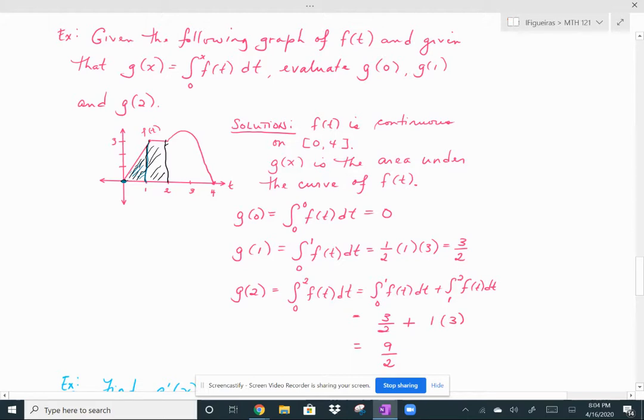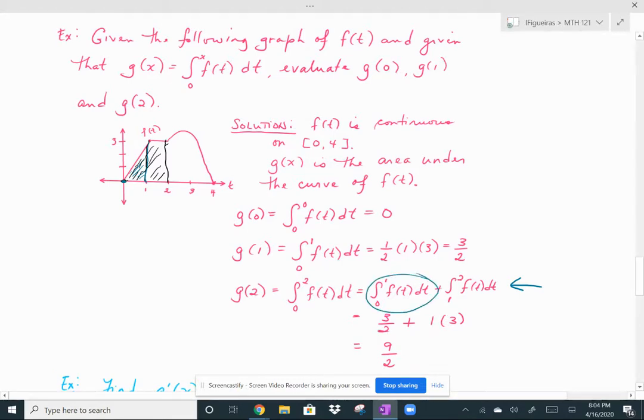G of 2 is the integral from 0 to 2 of f of t dt. So again, these linearity properties of integrals allow us to break this up into two separate integrals. I have the integral from 0 to 1 of f of t dt plus the integral from 1 to 2 of f of t dt. Well, we already did this one in the previous example.